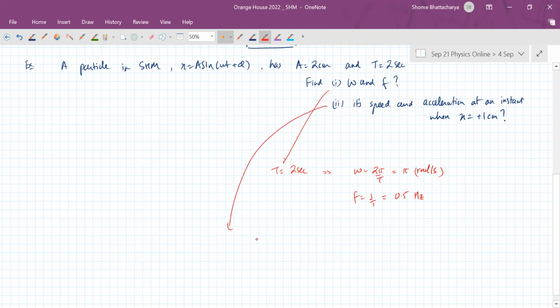Now, x in general is A sine(omega t plus phi). So at an instant when x is equal to plus 1 centimeter, sine(omega t plus phi) must be equal to plus half.